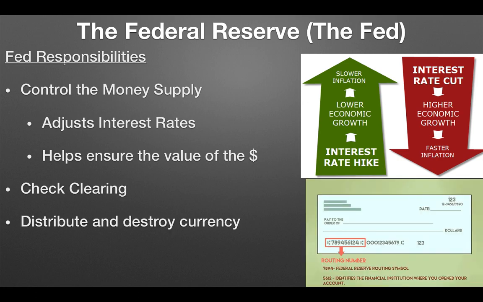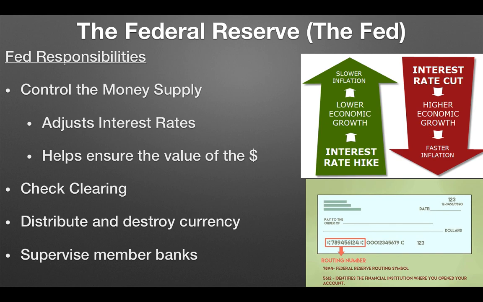Check clearing, distribute and destroy currency, and supervise member banks. So Federal Reserve responsibilities, the main ones that we're concerned with are the interest rates and the value of our money. However, they do the check clearing. They distribute and destroy the currency. So when we get new dollar bills out there, they print that. When our dollar bills are worn out, they destroy those.